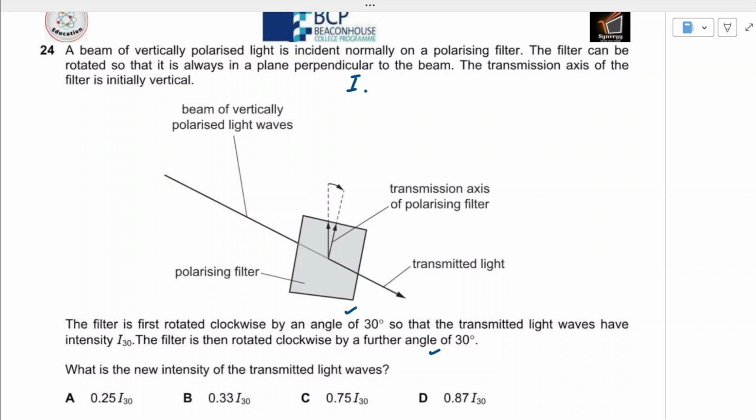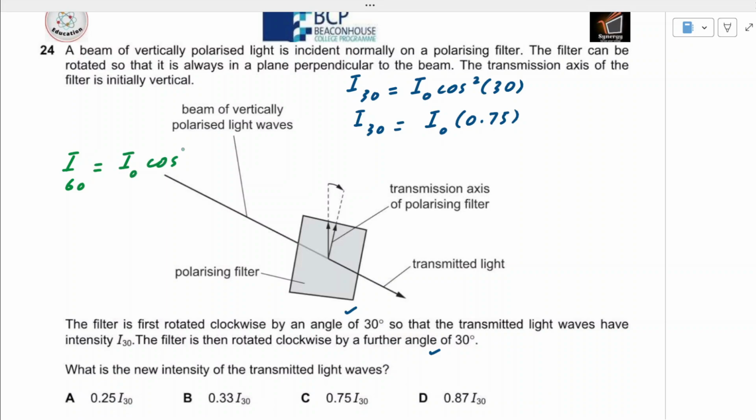The first time you rotated by the angle 30, the intensity would be I naught cos square of the angle, so 0.75 I naught. Then you rotated it again by a further 30. So now the total angle would be 60, and it would be I naught cos square 60.